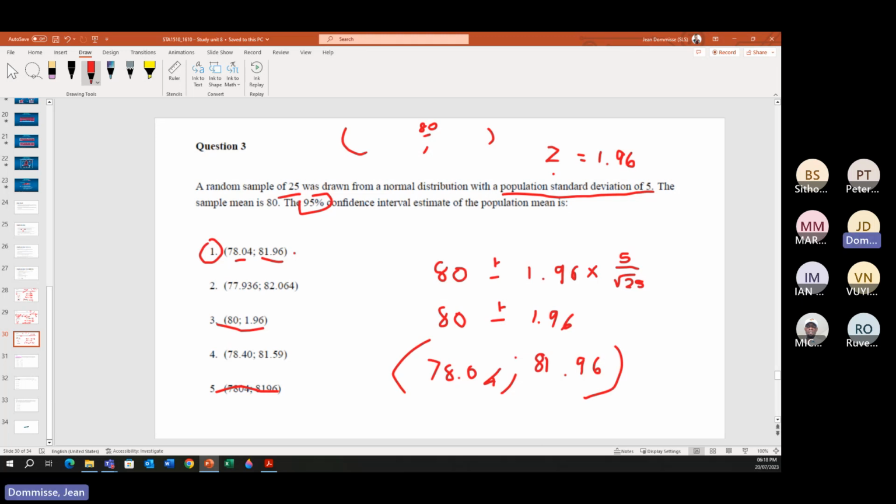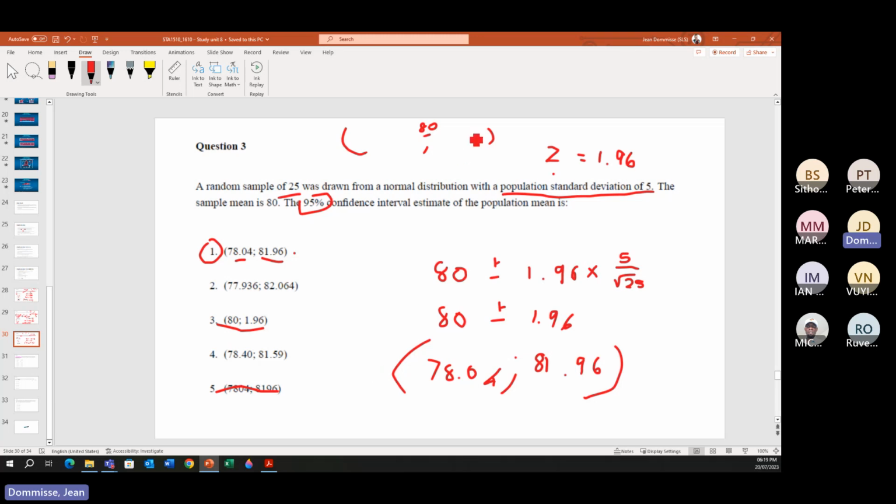So again, we've now worked with population standard deviation, so we know it's known. If it's known, we can use the Z. They tell us 95%. 95 is 1.96, and then we just need to work out the margin of error component.